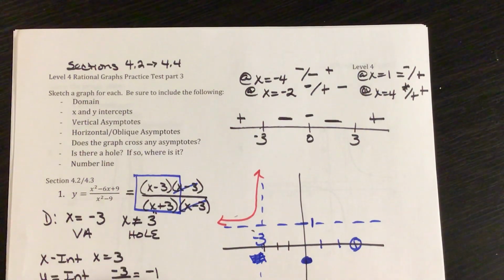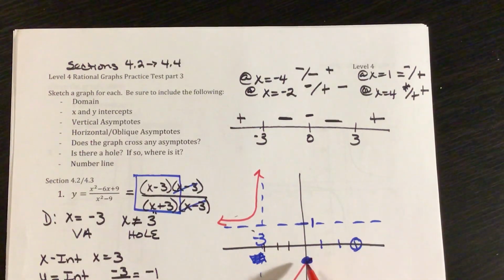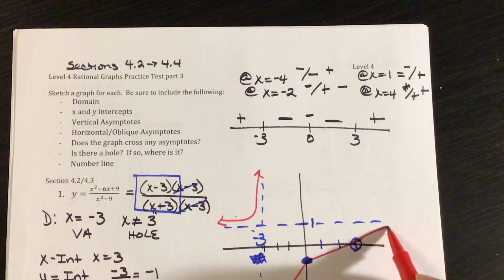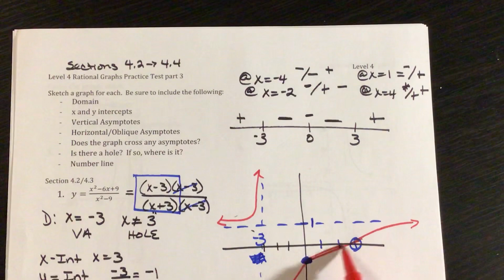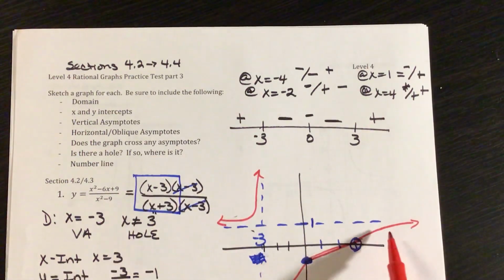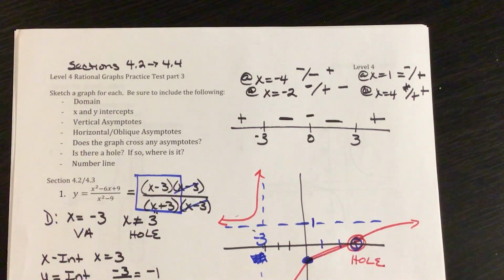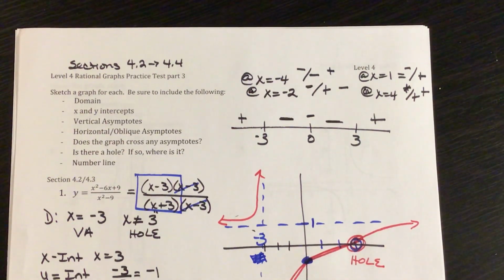So if I am approaching my y-intercept and then approaching my x-intercept and then continuing on, I'm going to have a positive value over here. So I still have this hole at x equals 3, but here is my graph.